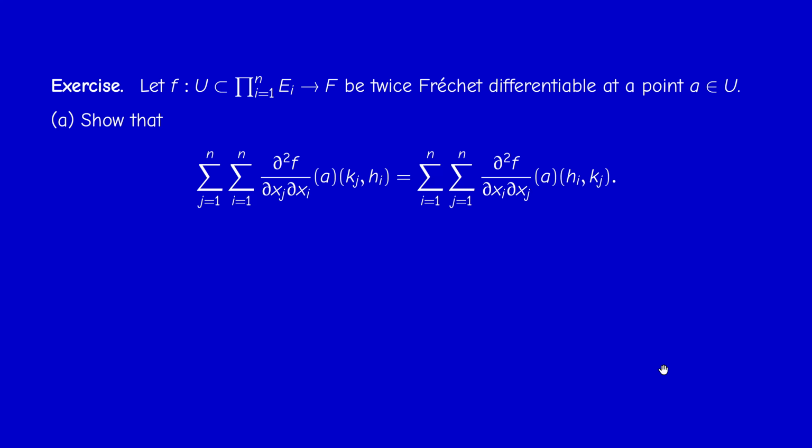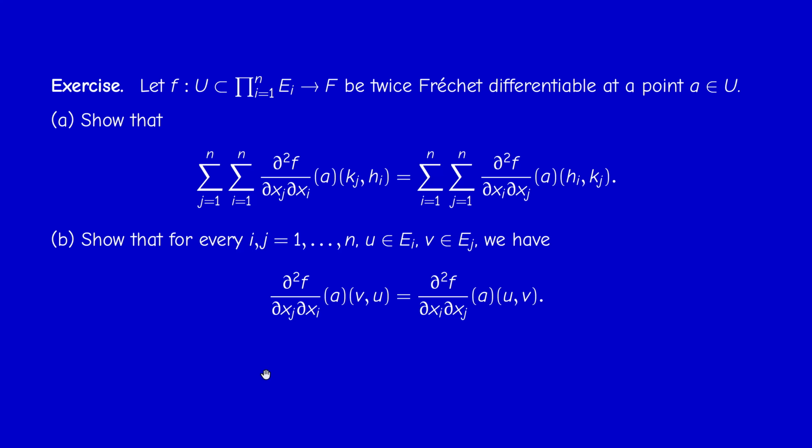Now, as an exercise, I want to revisit the case of a map of n variables. Suppose that we have a map of n variables, which is twice Frechet differentiable at the point a. Then we have to show that this double sum of the mixed partial derivative is equal to the same thing with arguments interchanged.